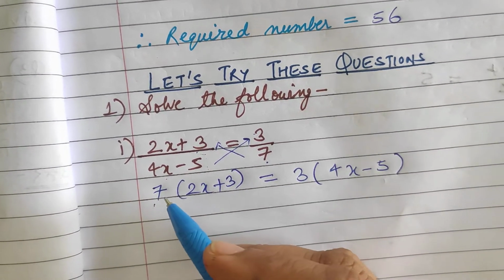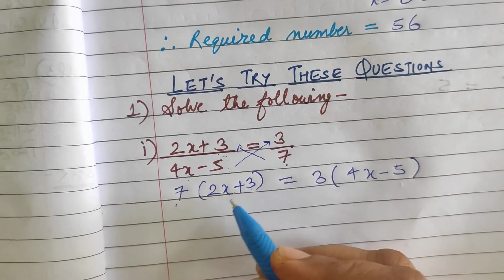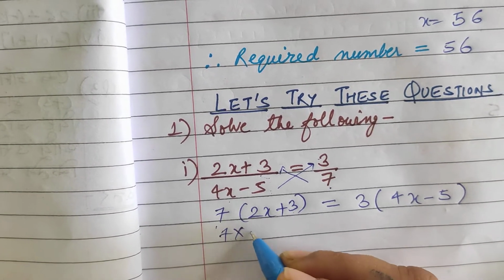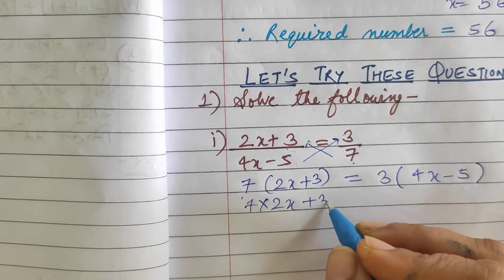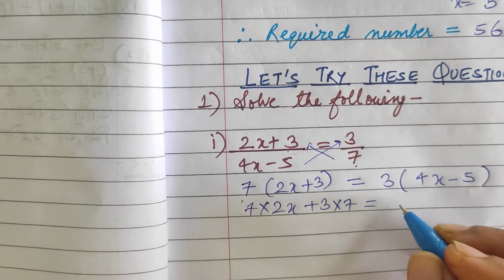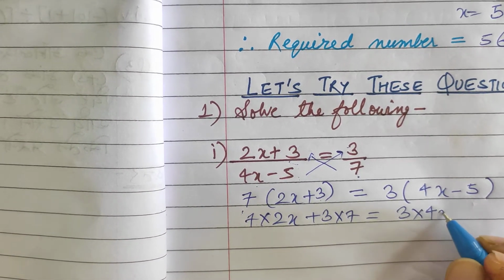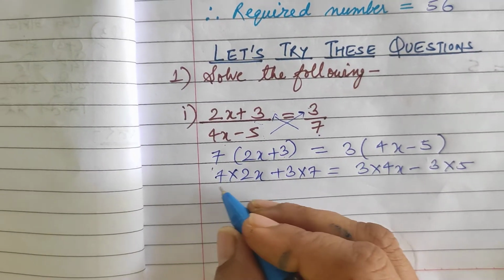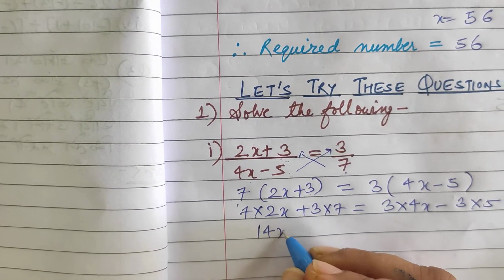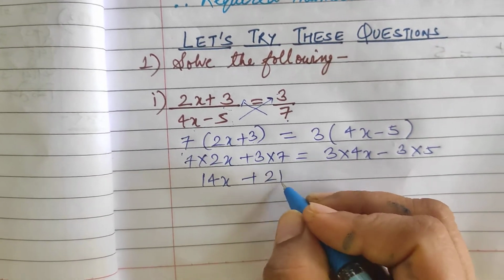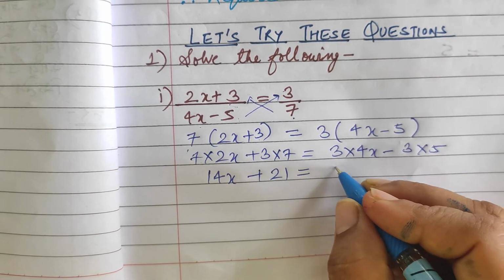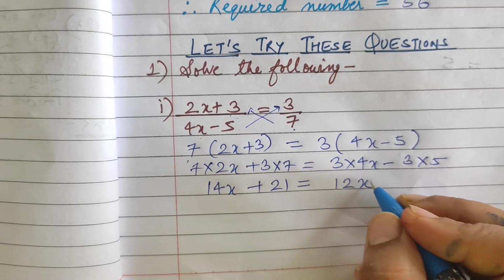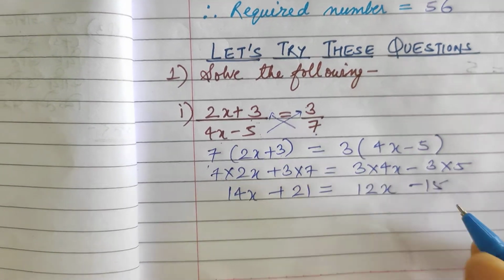Okay. Now 7 will be multiplied by these two terms. So 7 into 2x plus 3 into 7 is equal to 3 into 4x minus 3 into 5. So 7 twos are 14x plus 21 is equal to 12x minus 15.